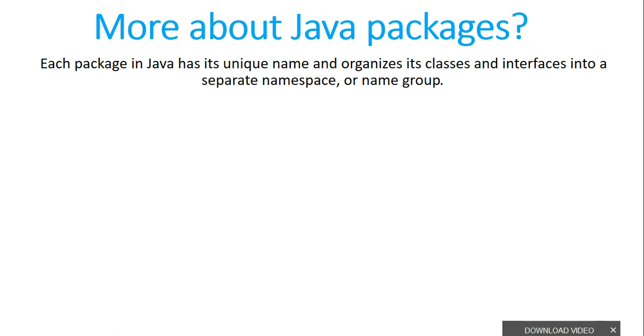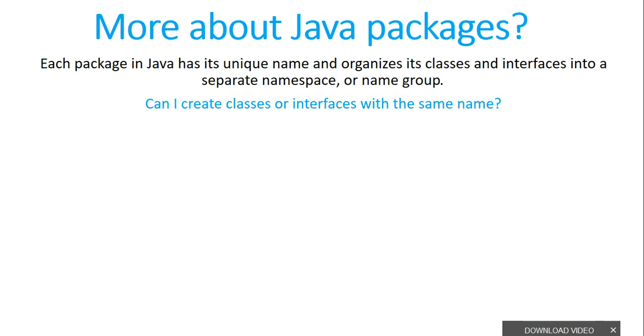But what differentiates these two is that each package which is identical to another package must exist in different packages for them to have a unique name. So we are saying this package with the same name has got another package with the same name, but one of these packages exists in a different main package.